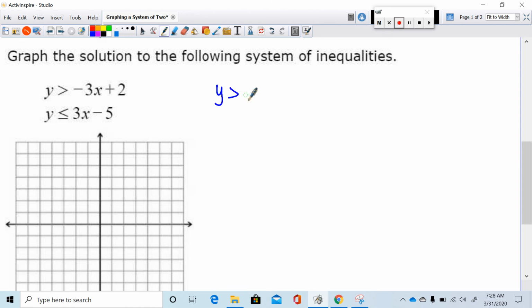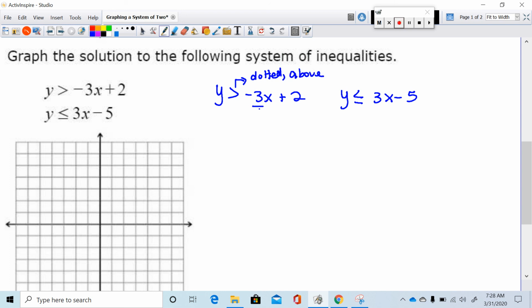So y is greater than negative 3x plus 2, and y is less than or equal to 3x minus 5. Not underlined, so I'm going to use a dotted line. And it's greater than, so I'm going to color above that.